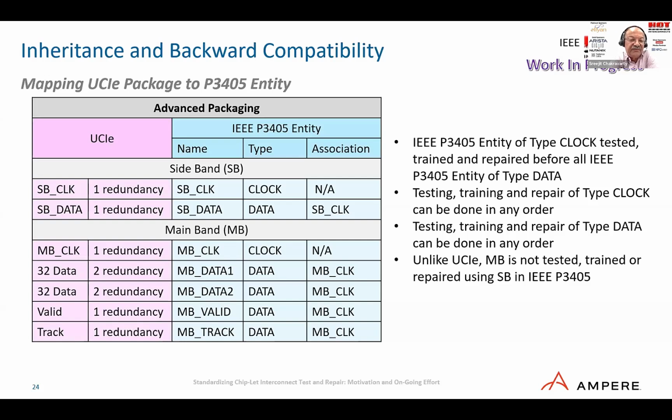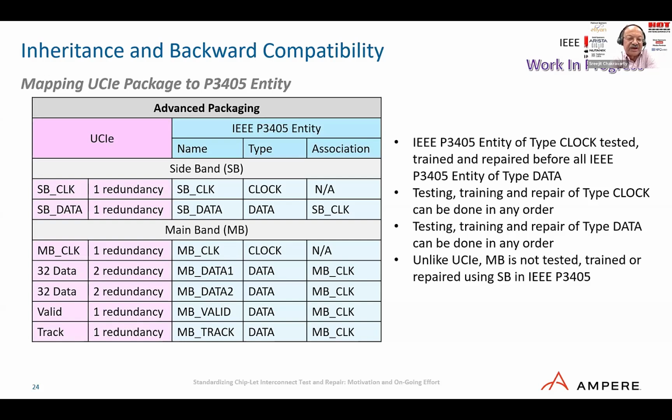Now in P3405, we don't care. We don't distinguish between sideband and main band, right? All that we really care about is whether this is carrying clock, carrying data, or a mixture of the two. So the entity types that we will get from here is that it'll be a sideband clock. I'm just naming that.